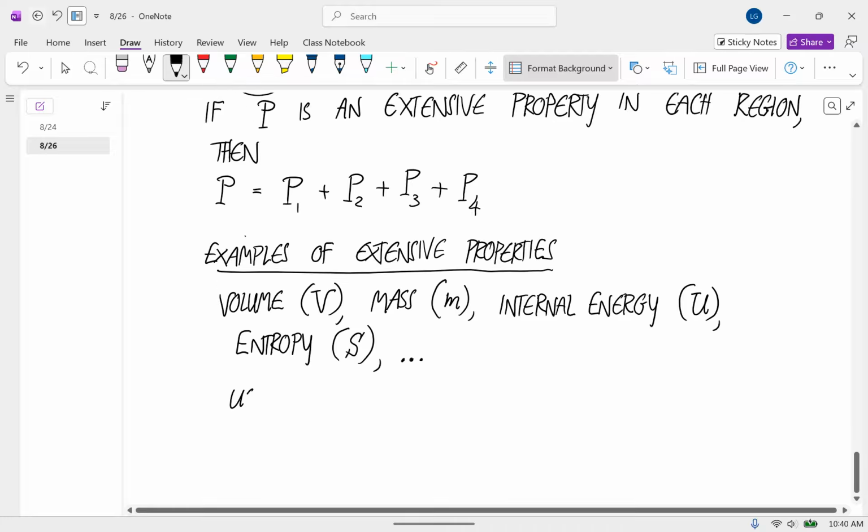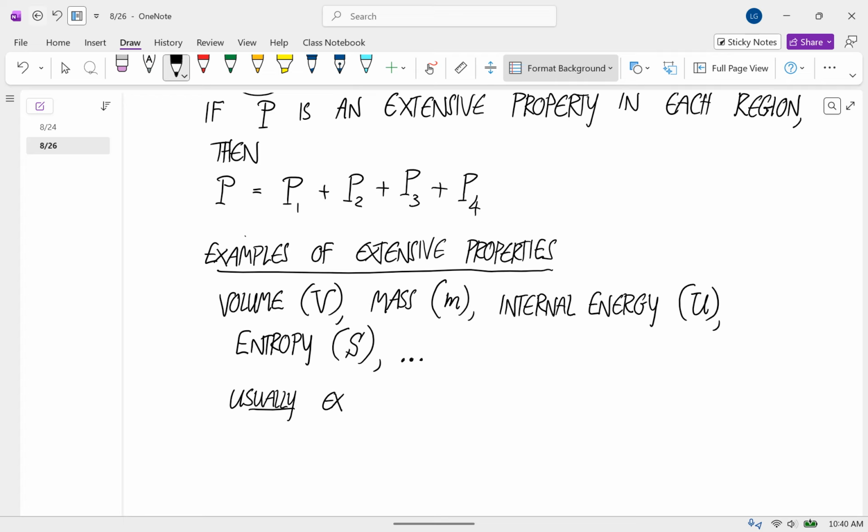Usually, extensive properties are going to be denoted by capital letters, but not always. You can see mass is an exception. Mass we're going to represent with a lowercase m, but it's extensive. So usually these are represented by capital letters.